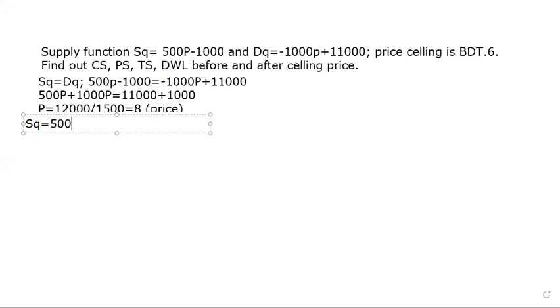So 500 times 8 minus 1000 gives 3,000. This is our real scenario, the equilibrium price and equilibrium quantity.